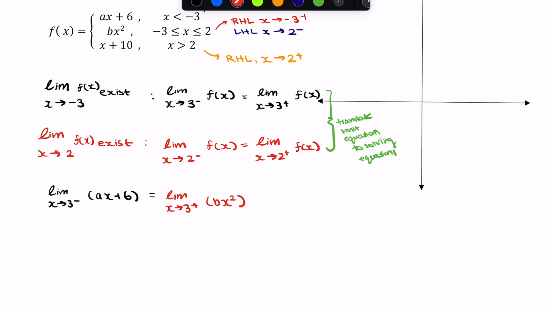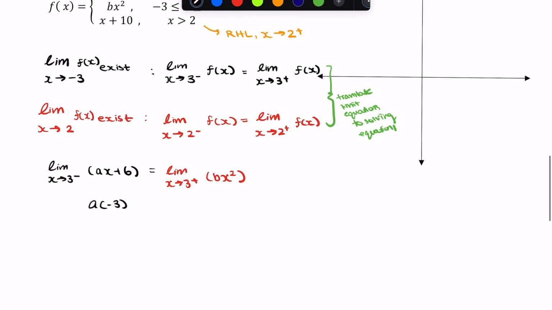So here, if we sub in x is -3 on both sides of the equation, let me adjust this. Sorry, these should be -3 here.